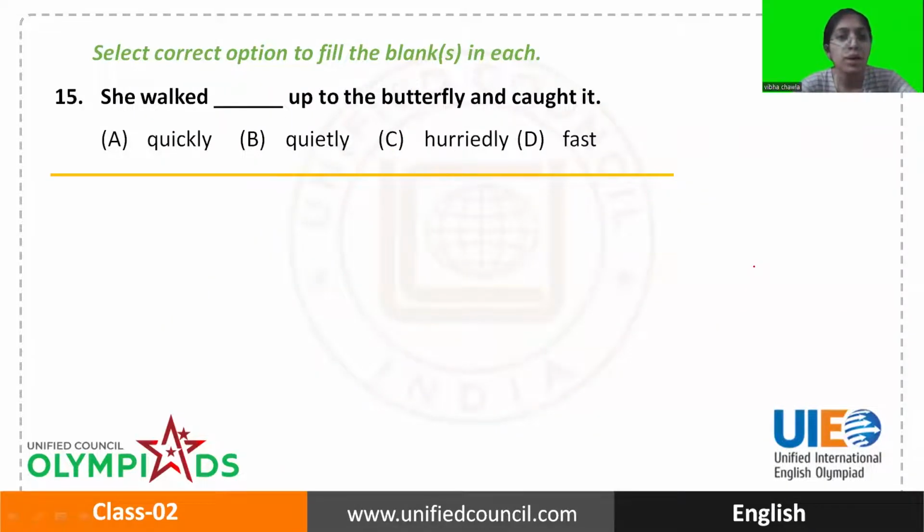Now, next up, we have question number 15. She walked blank up to the butterfly and caught it. Now, how did she walk up to the butterfly? Quickly, quietly, hurriedly, or fast? If you walk quickly, hurriedly or fast, the butterfly will fly away. Butterfly flies. But the person was able to catch it, right? So definitely she walked quietly.